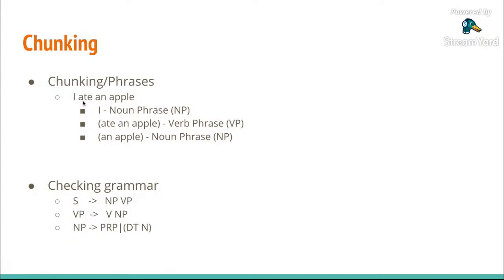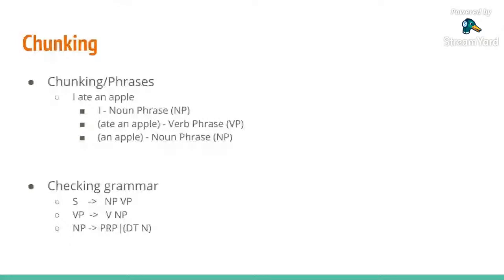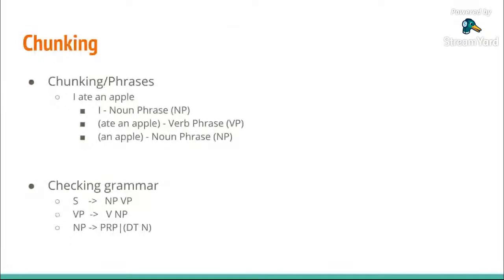For example, it can be like I ate a big apple or a small apple. So that adjective can be optional. So that way you can design a grammar for a language and see if the sentence falls within that grammar.